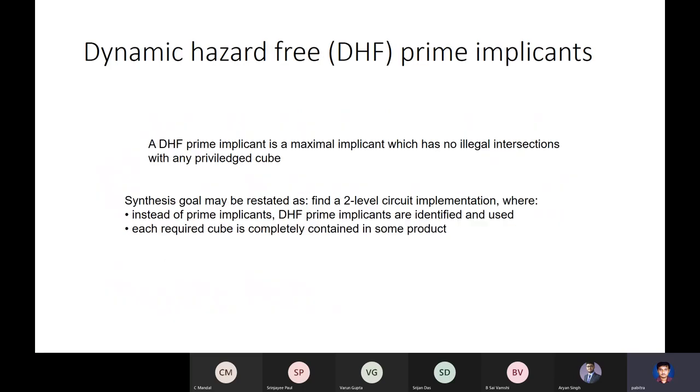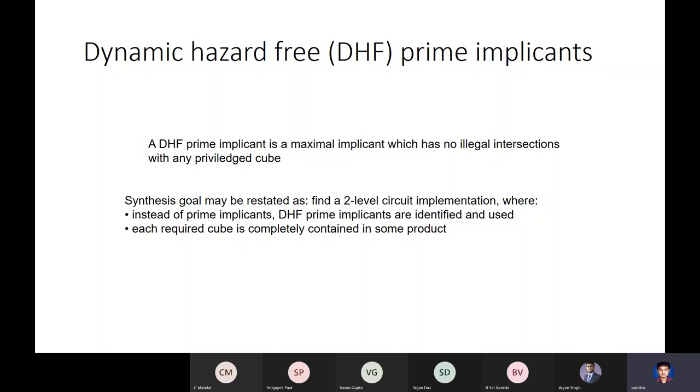But here we constrain this a little bit further. We say that all the prime implicants are not at our disposal to cover the Karnaugh map. Only some prime implicants which satisfy a property called DHF, dynamic hazard free, can be used to cover. So instead of prime implicants, DHF prime implicants are identified.